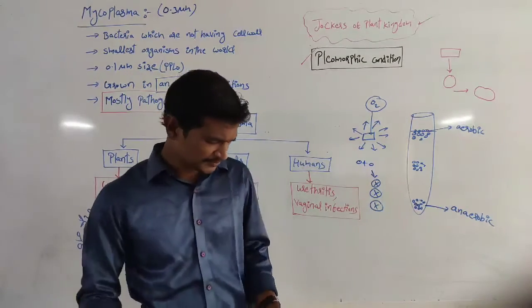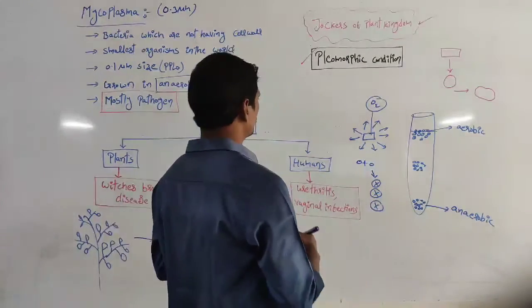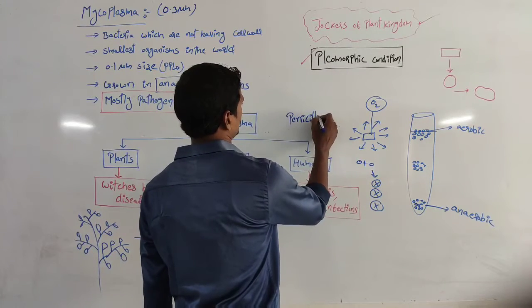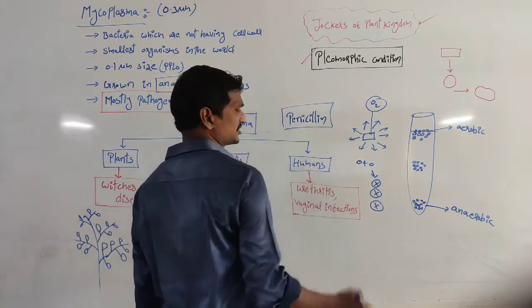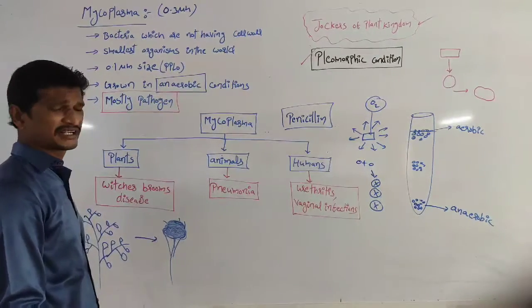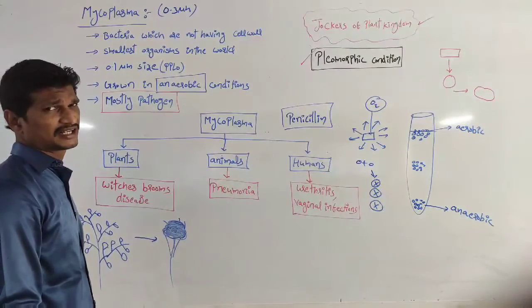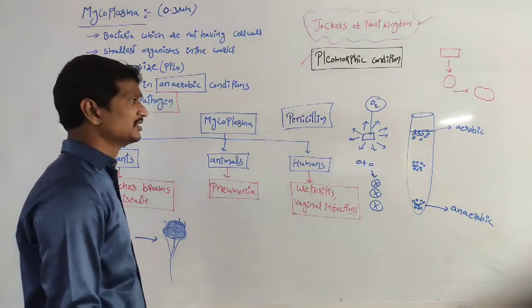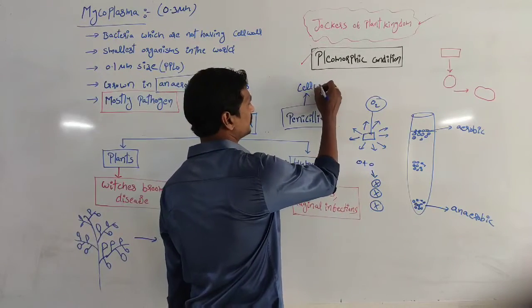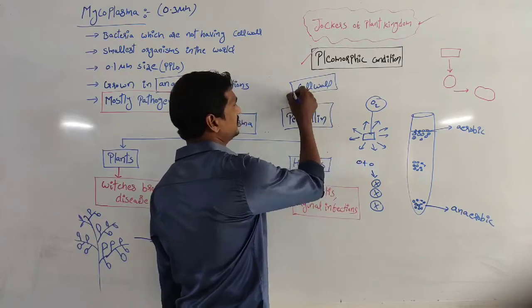All of you remember penicillin. We know about penicillin. This is one of the antibiotics. So can penicillin act on mycoplasma bacteria or not? Generally, the penicillin mode of action is on the cell wall, preventing cell wall formation.